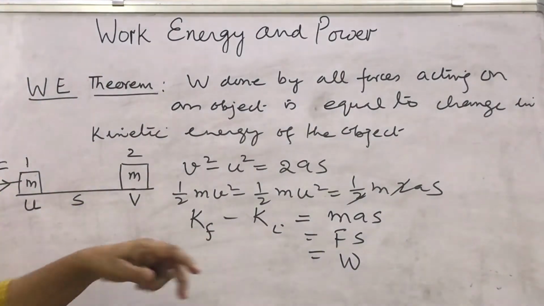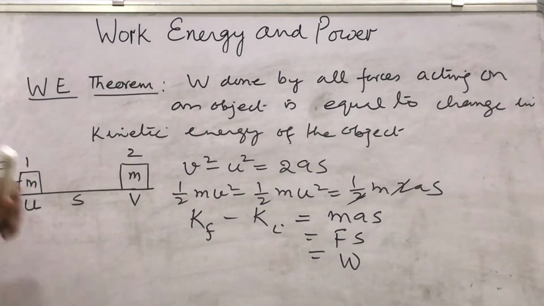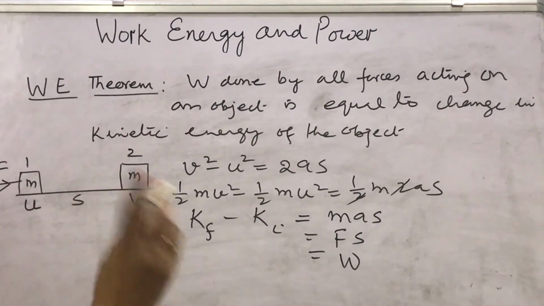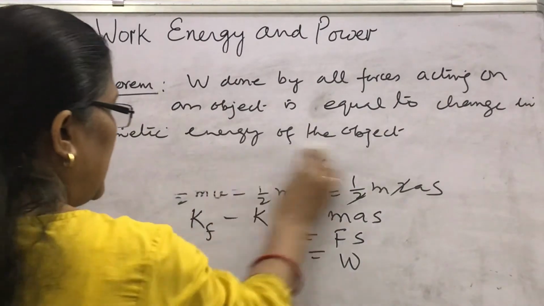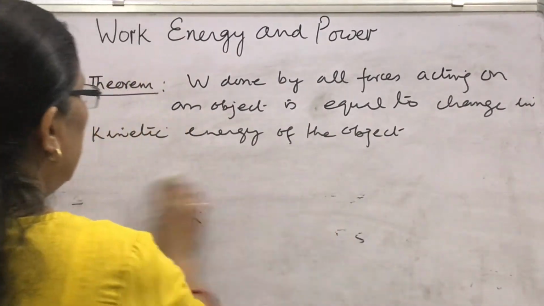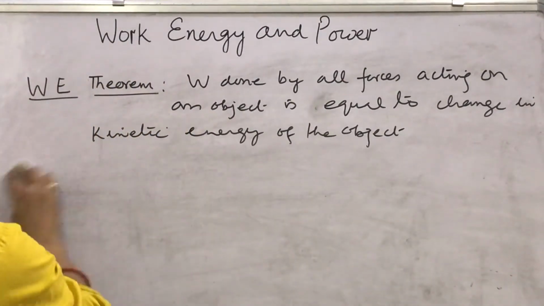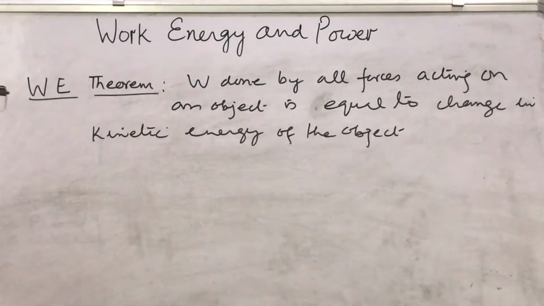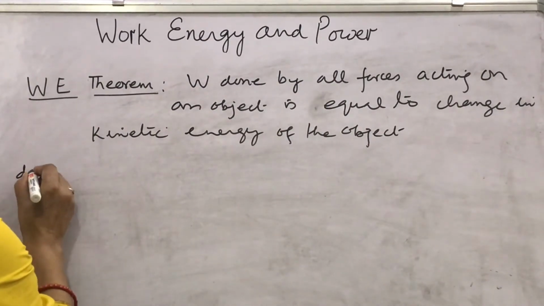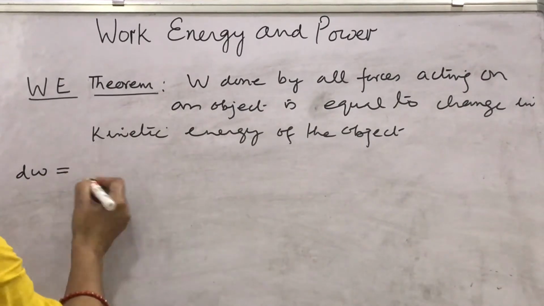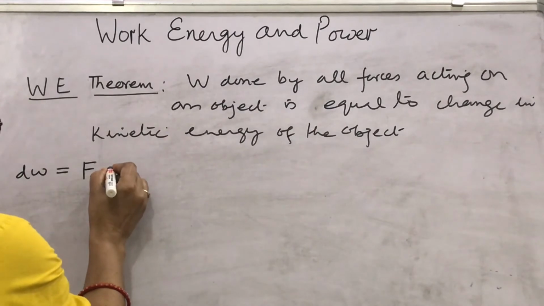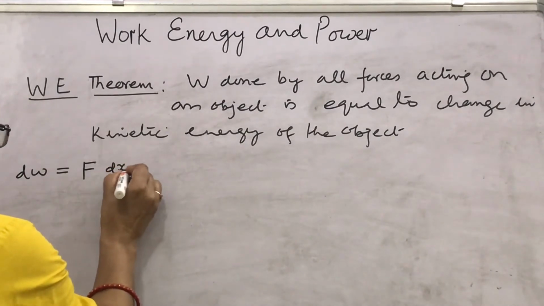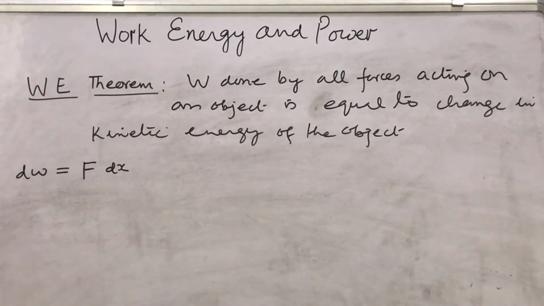This is when the constant force is acting on an object. What happens if the force is variable? Now if the force is variable, then how will you prove this work energy theorem? Let the very small work done by applying the force F on an object be such that its displacement is very small, that is dx.